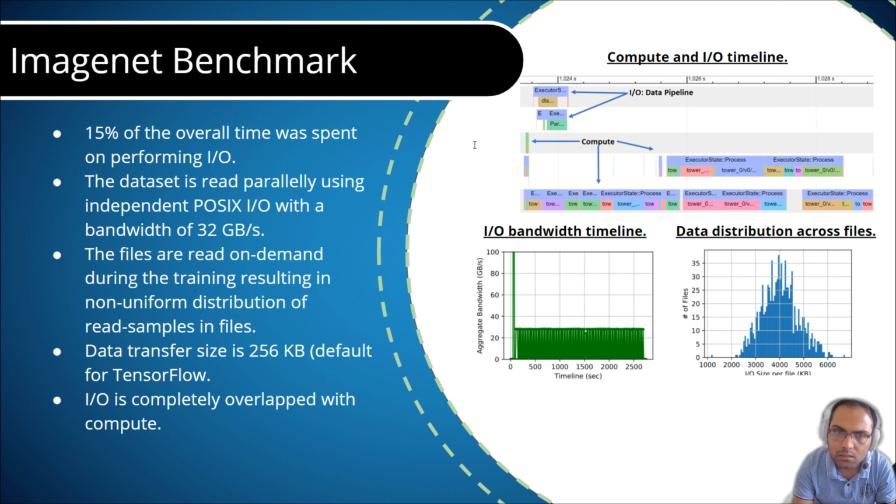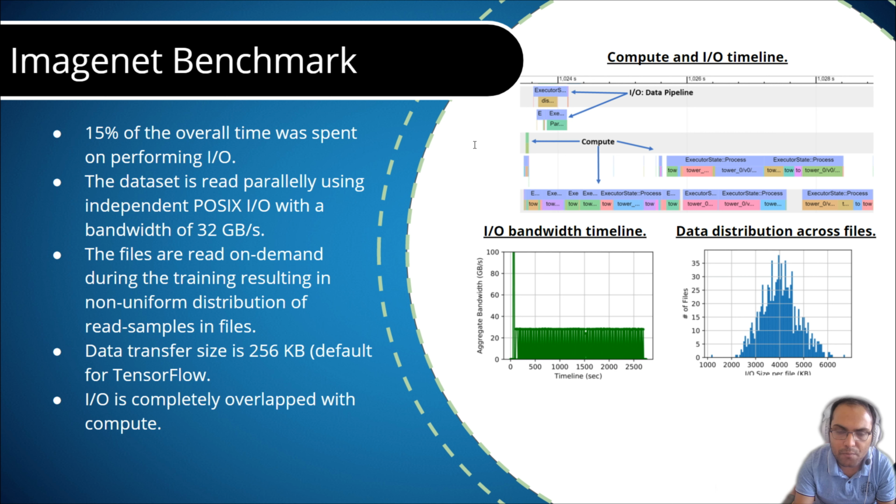The ImageNet benchmark, which is similar to the last CosmoFlow benchmark, spends 15% of the overall time in I/O. Again, this benchmark is written with the TensorFlow data pipeline and reads the dataset on demand based on the number of steps it was run with. Hence, there is a non-uniform distribution of samples read across the files.